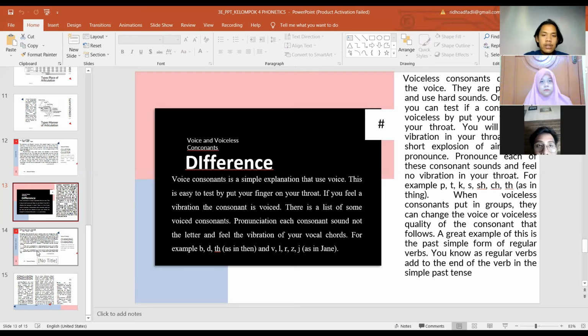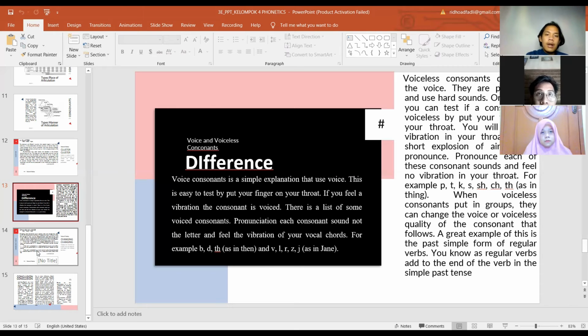These are the voiced consonants: B, D, G, J, L, M, N, R, the TH in the word then, V, W, Y, and Z. But these consonants are only single letters. What are NG, S, Z, and TH?